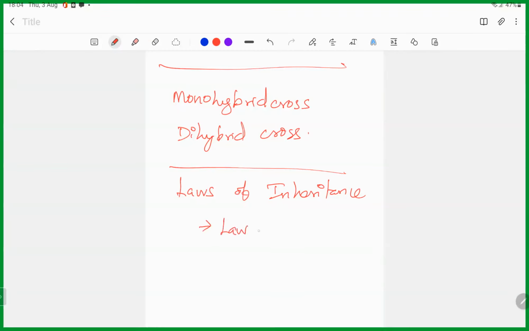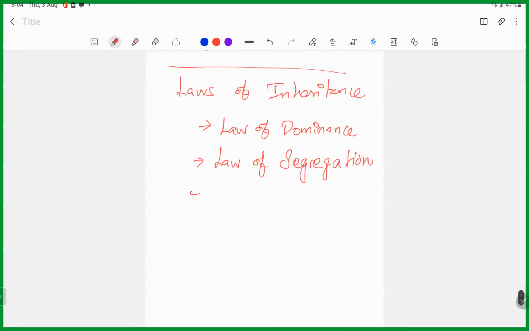Law of dominance. Next, law of segregation, and then the third law is law of independent assortment.